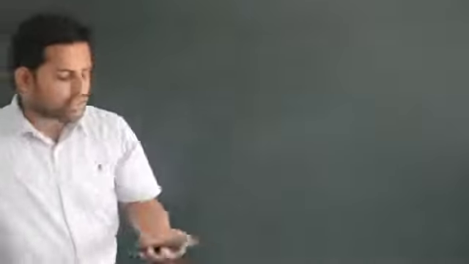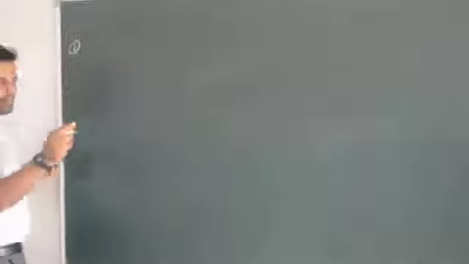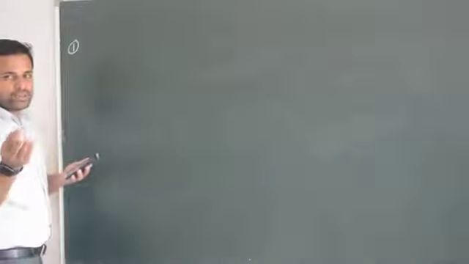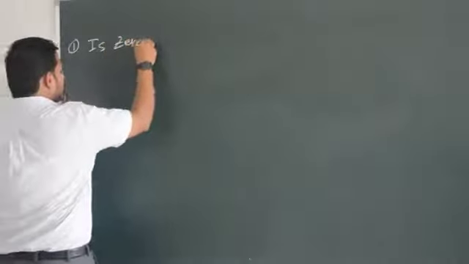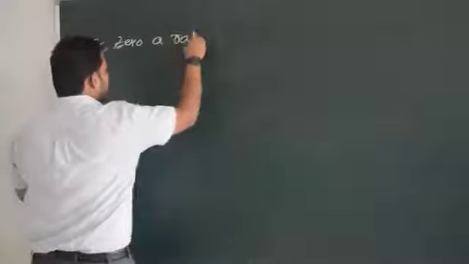Okay, so let us take the first question. The first question is very simple. I have already covered these questions in the last video also. I gave you a hint how to do this. They are asking you, is 0 a rational number?